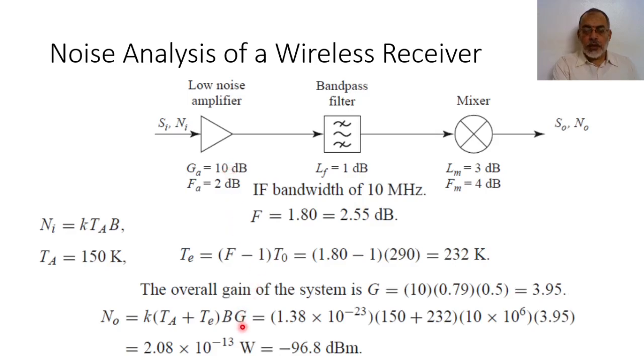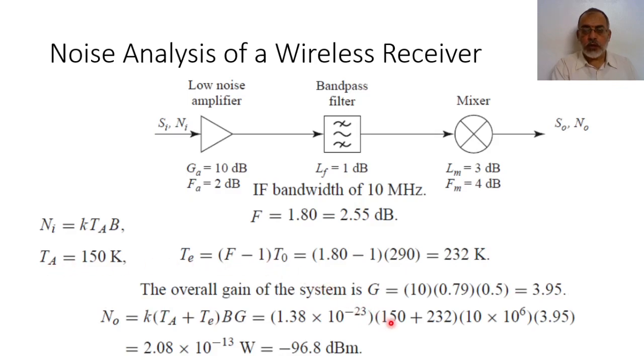In addition, G multiplied by K multiplied by B multiplied by TE is the internal noise coming from the receiver. So the total output noise would be G multiplied by KB multiplied by T antenna plus the equivalent internal temperature. The value of K, the Boltzmann constant, is 1.38 multiplied by 10 to the power minus 23.